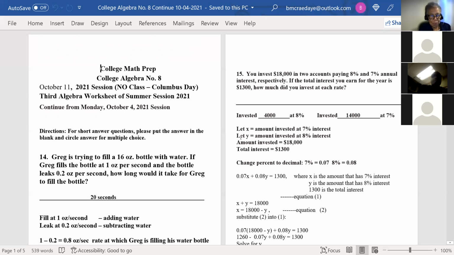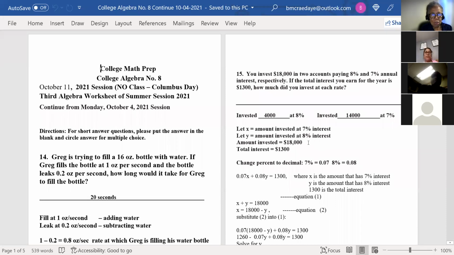So first of all, we give some variables for the 7% interest and the 8%. We said X amount invested at 7% interest, Y amount invested at 8%. And what was the total he invested, Latoya? 18,000.